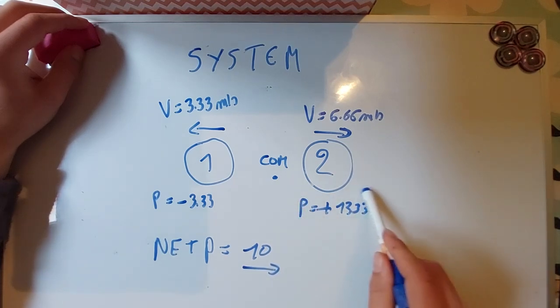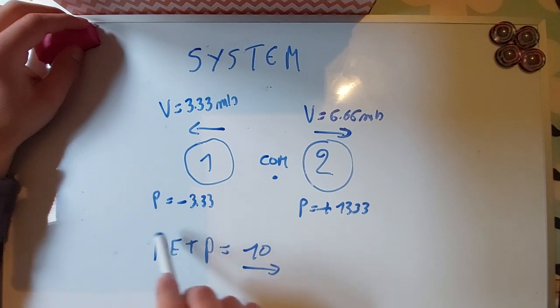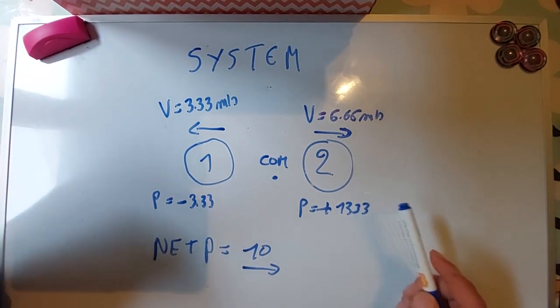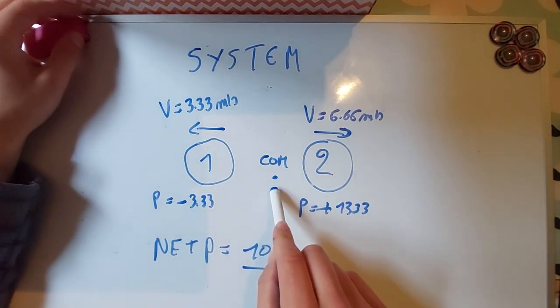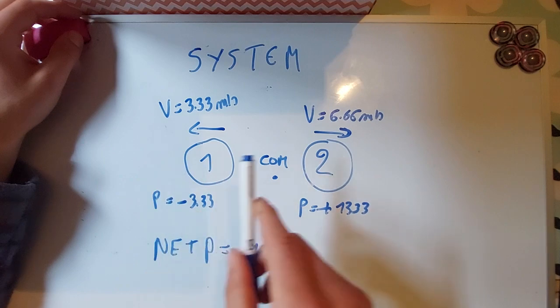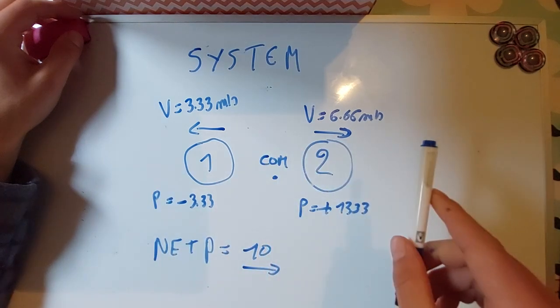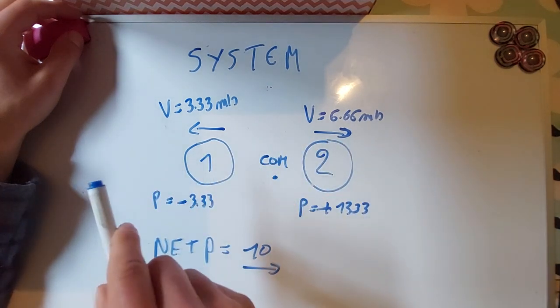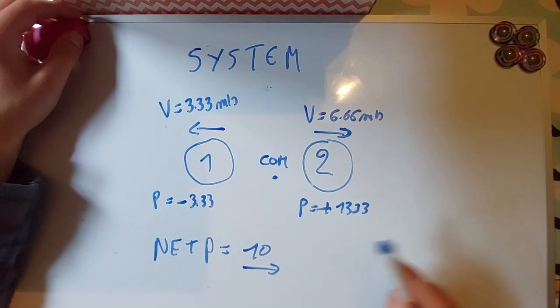The individual momenta remain exactly the same, but as seen from the perspective of the center of mass, the momenta undo each other because it goes to the east and at the same time to the west, being pulled back.